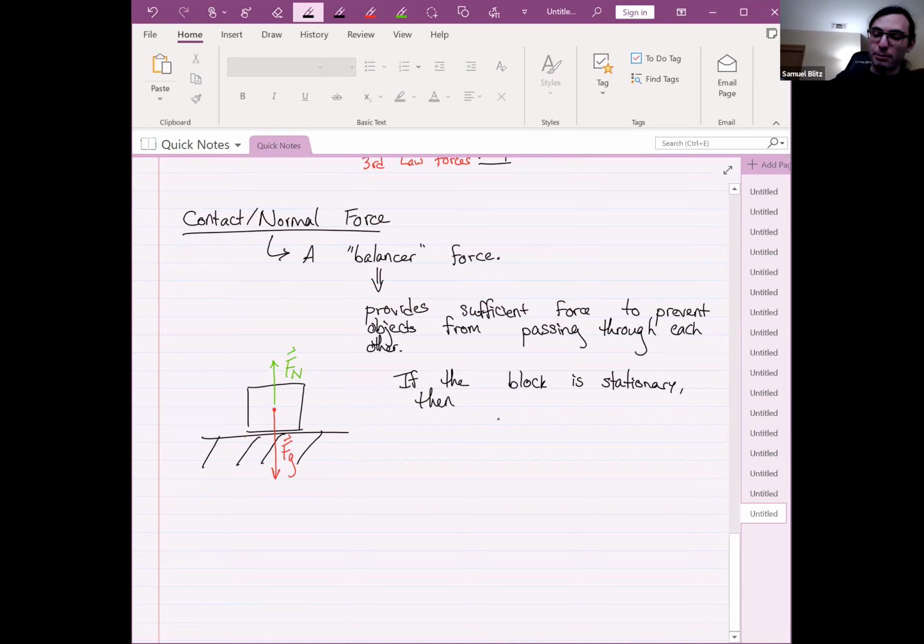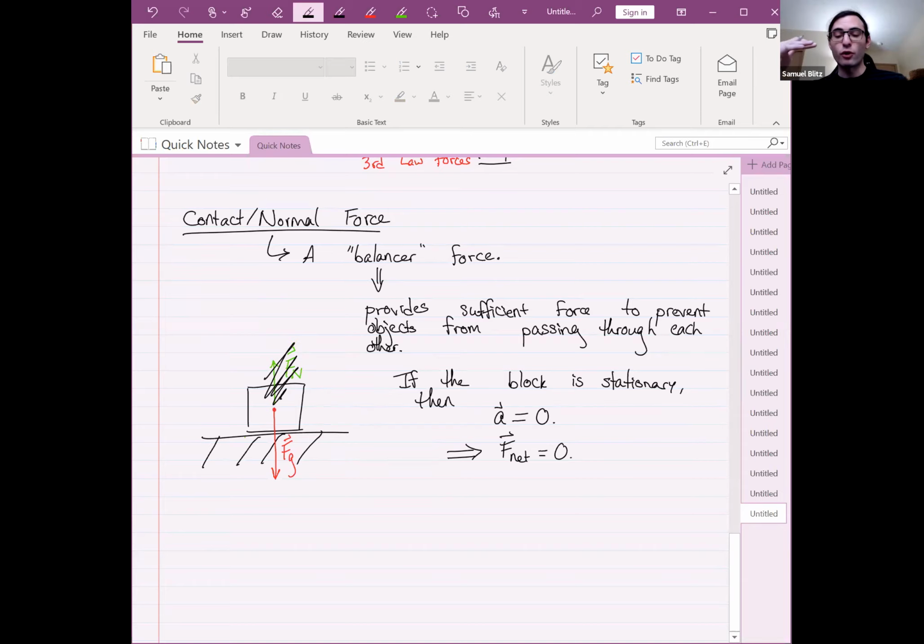then the acceleration, by definition, like if a thing's just sitting still, its acceleration is 0, right? But what that means is that the net force is also 0. And so if this normal force wasn't there, normal and orthogonal are synonyms.